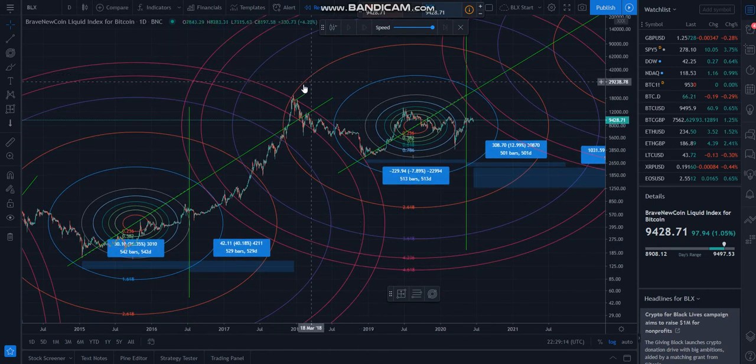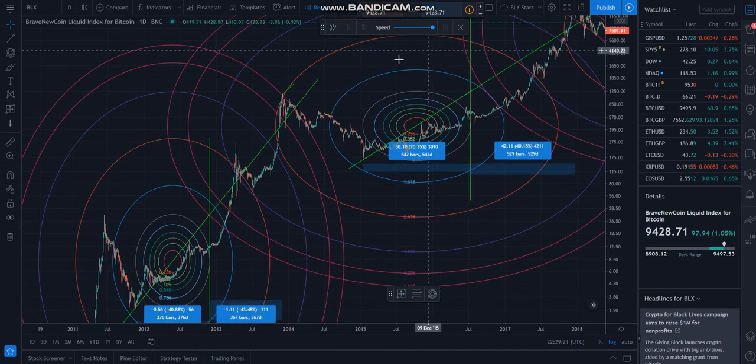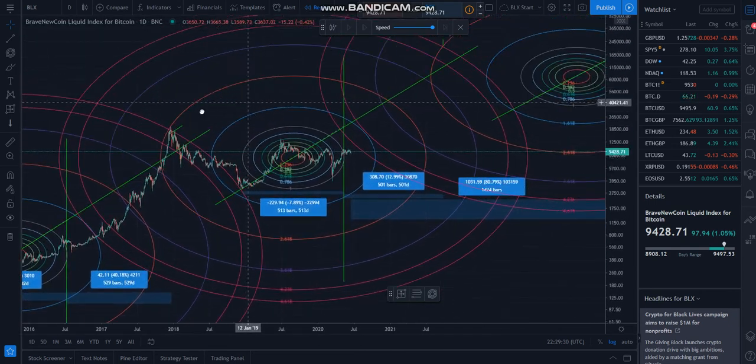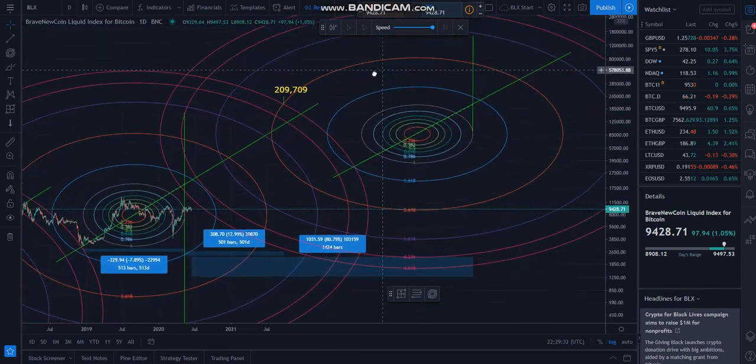Again here, it cuts through the second and the third, about halfway through. Again here, cuts through the second and the third, about halfway through. So it's a very, very consistent pattern that we're seeing from cycle to cycle.